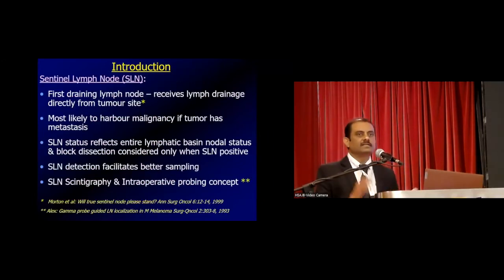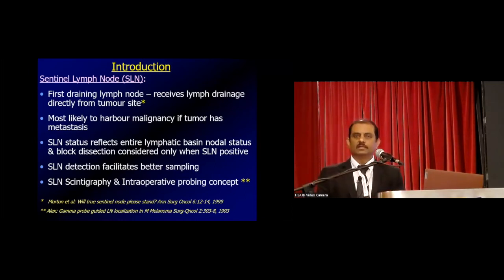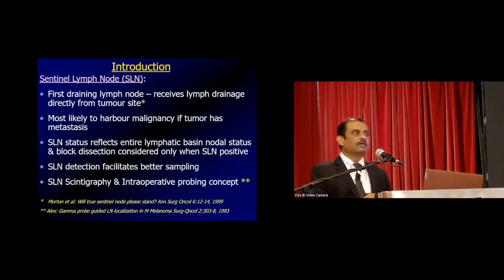So what exactly is sentinel lymph node? To simplify it, it is the first draining lymph node which receives the lymphatic drainage directly from the tumor site. So it is common sense to understand that if there is harboring of malignancy in the lymph node, the entire lymphatic basin may have further tumor depositions.